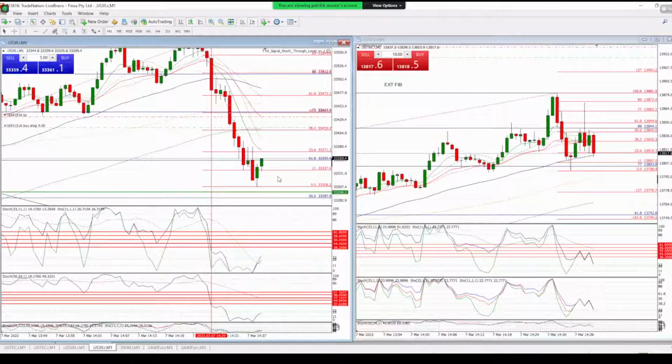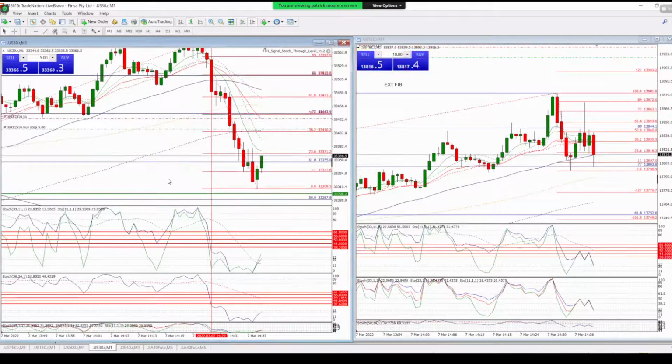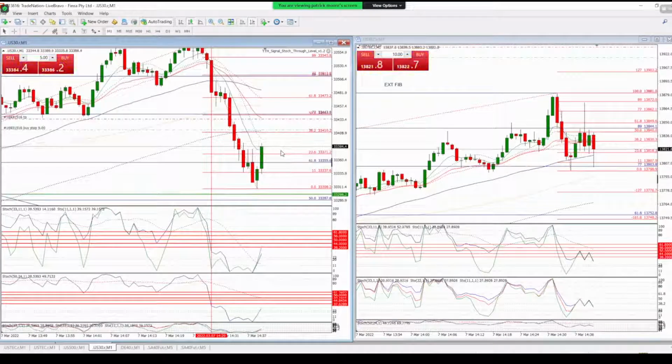Watch for Dow 5-minute 8-21 crossover. So we're looking at Dow as well for the possibility of changing trend on the 5 minutes, 8 below 21. We'll wait for confirmation of that. As I look at it right now, green is still above red. Okay, there comes our retracement.